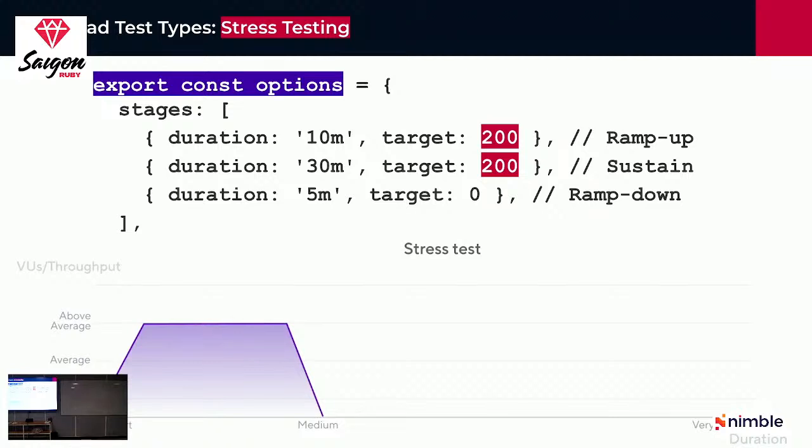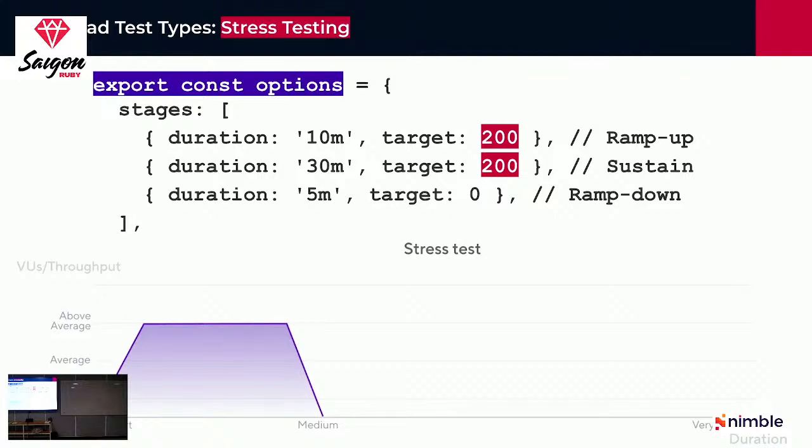Everything remains the same, but we only increase the target number from 150 to 200. That means above average.